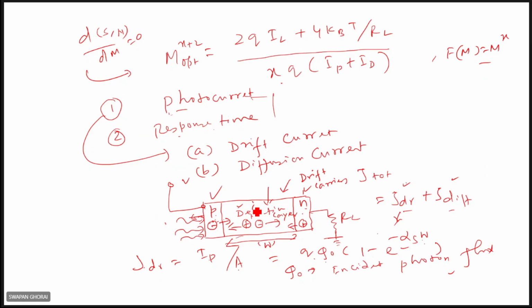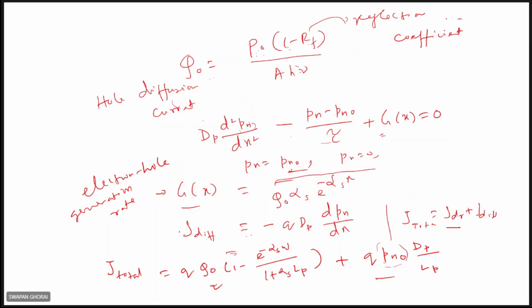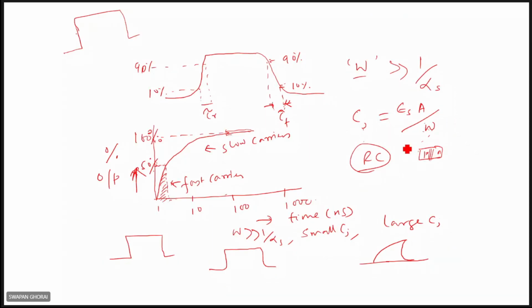Generally, the depletion layer width is greater than 1 by alpha s, the inverse of the absorption coefficient, so that most of the light is absorbed, right?